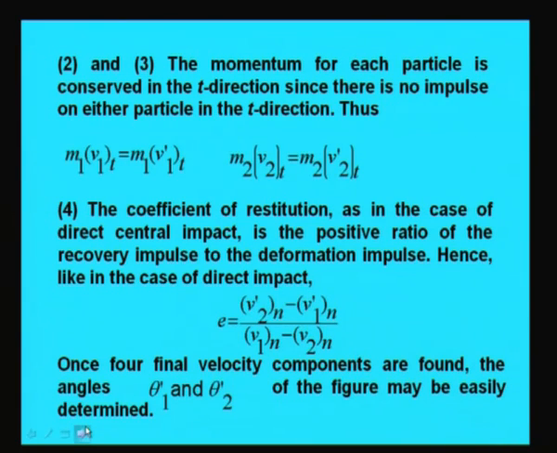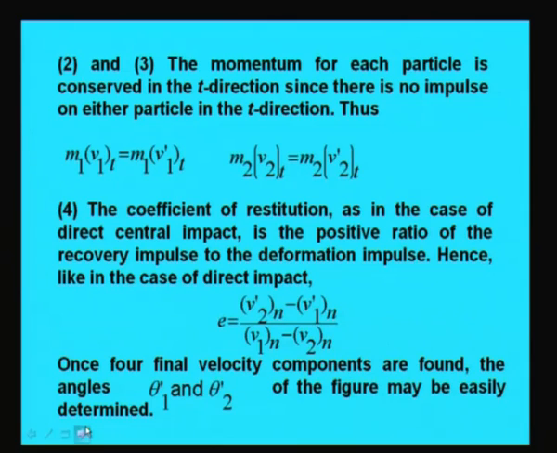That means no tangential velocity change occurs for particle A, and the same is true for particle B, that is m2 v2t is equal to m2 v2 prime t. So v2t is equal to v2 prime t. These are the conditions. Otherwise, if friction is there, the situation becomes difficult.